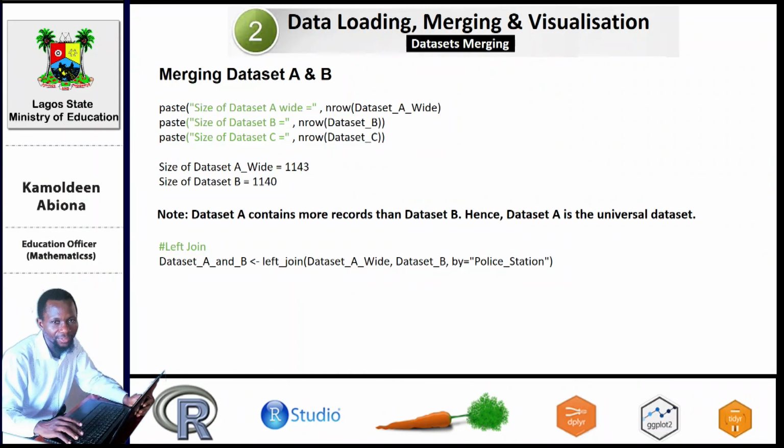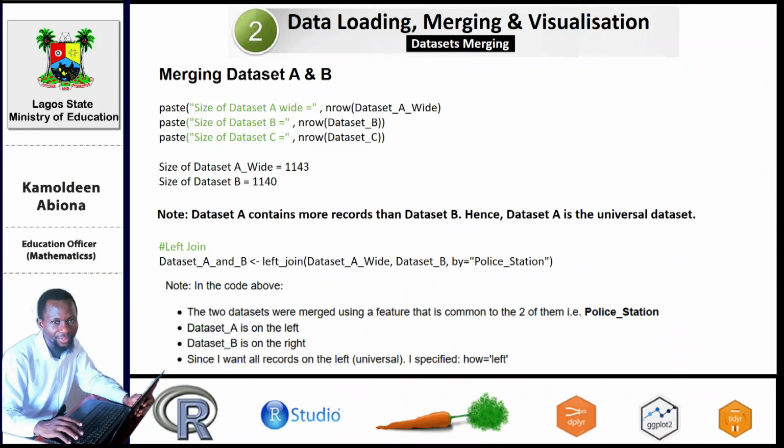We need to note that the two datasets were merged using a feature that is common to them, and that is police station. Based on the way we have joined, dataset A is on the left and dataset B is on the right. The reason why we have done that is because we want all records on the left to be universal, and that is why we have given that left join.